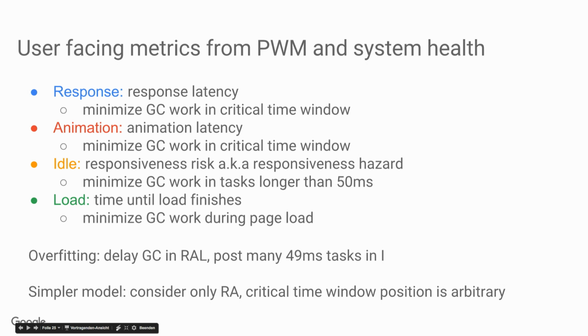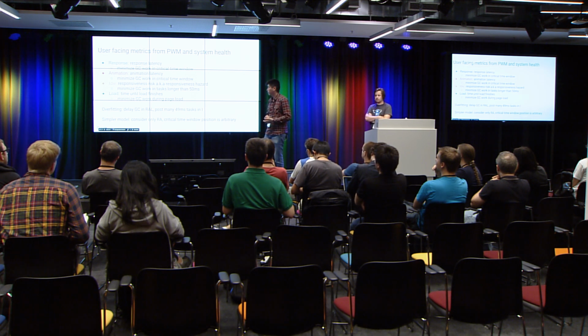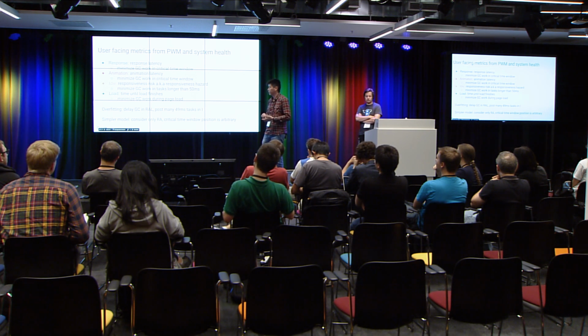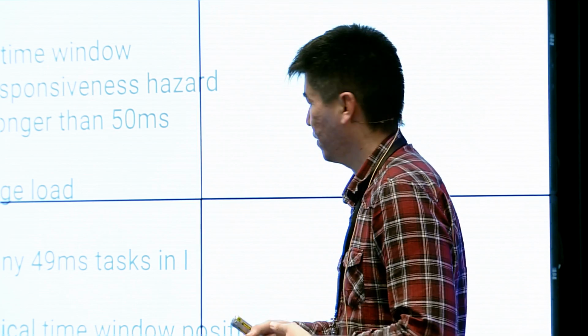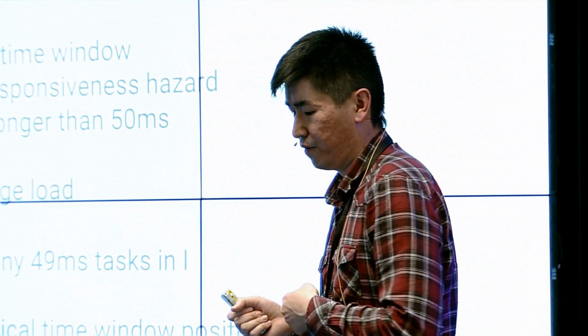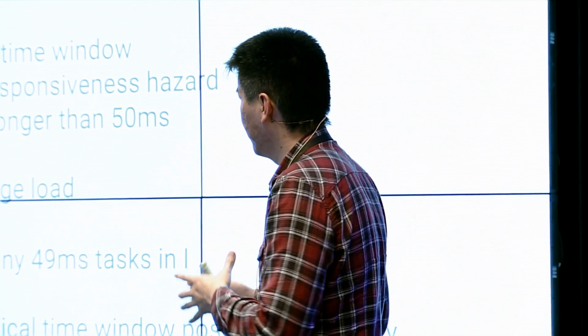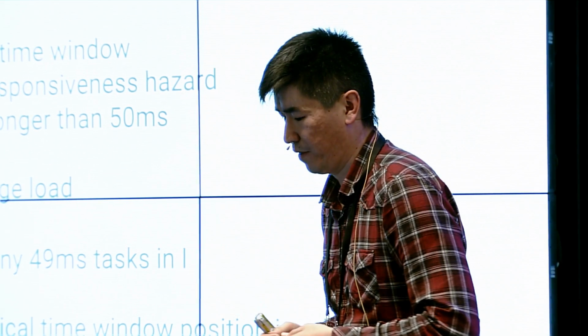So for response and animation, we track input latency. This is the time between when the user starts an interaction and actually sees the change on the screen. And moving this into the GC context, this tells us to minimize GC work in this time-critical window where input handling is happening.